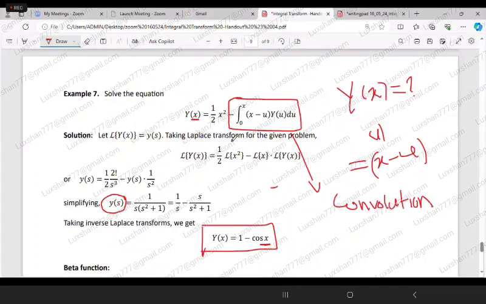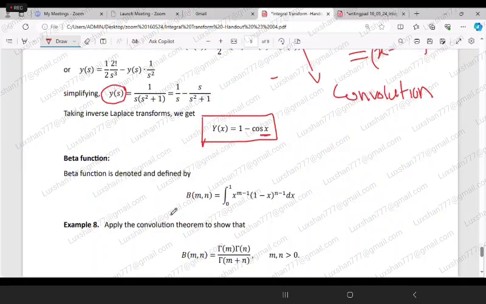So look at the convolution theorem carefully, because here we are applying it. It is coming from the convolution part. Then you will be able to write this. Here the difference is that our variable is x, nothing else. Okay, so I will stop here.